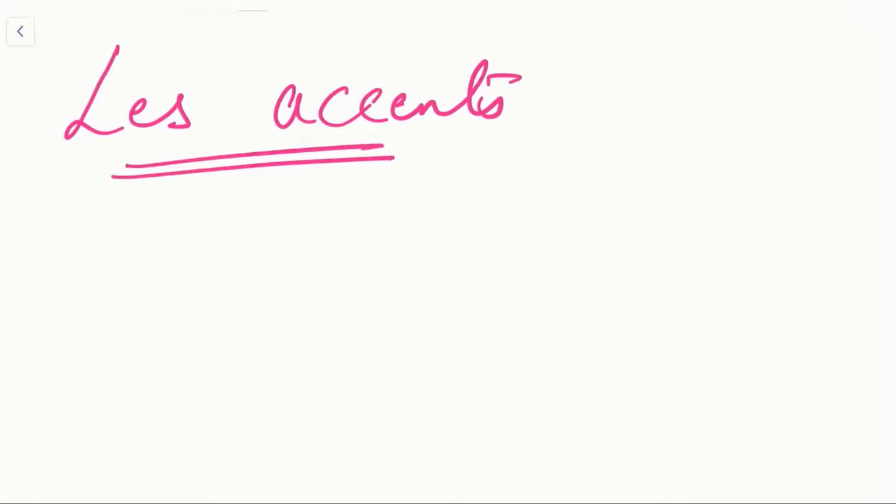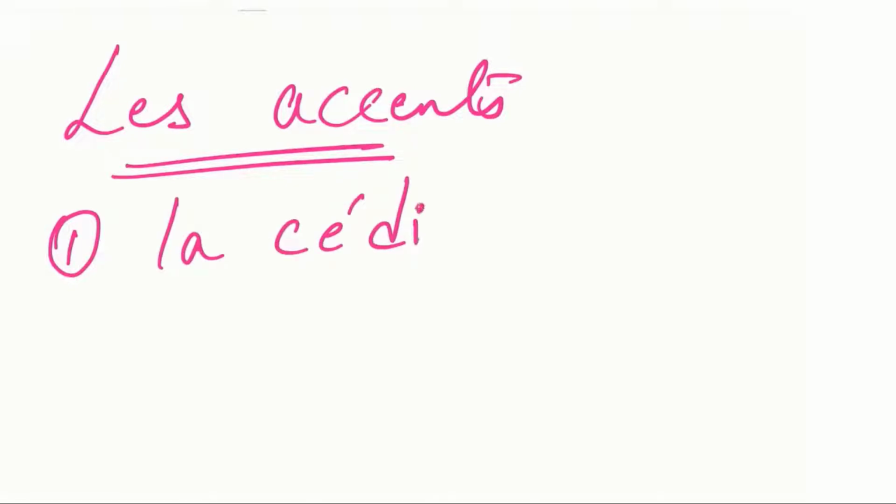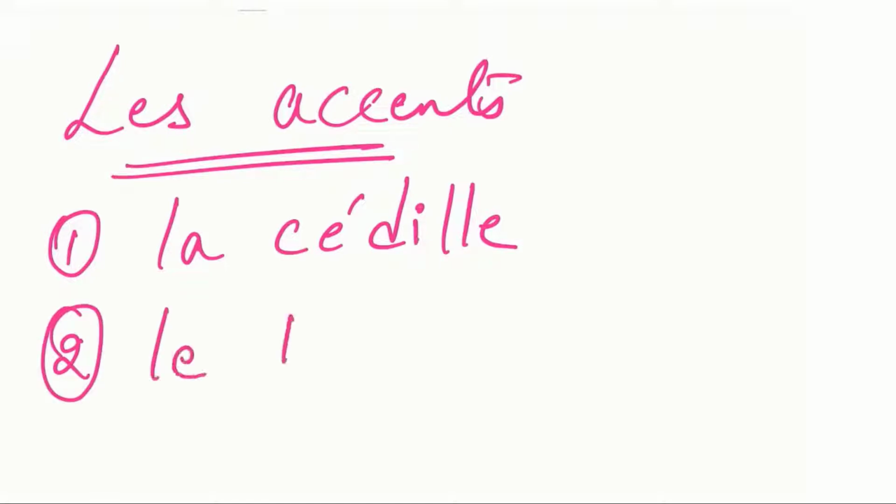We are going to proceed with two more accents. Les accents. The first one today that we are going to do is la cédille. Okay, the next one will be le tréma. D'accord? This la cédille, the sign is coming under C, and the sign is like this, a small C under C. Okay, this is a cédille.